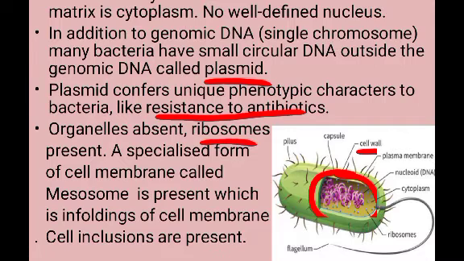Then they also have a specialized membranous structure, that is the mesosome. It is a specialized differentiation of the cell membrane or the plasma membrane. What is it? Mesosome. This mesosome is nothing but the infolding of the plasma membrane. That is, the plasma membrane or the cell membrane will be folding towards the inner side of the cell, and that is said to be the mesosome.